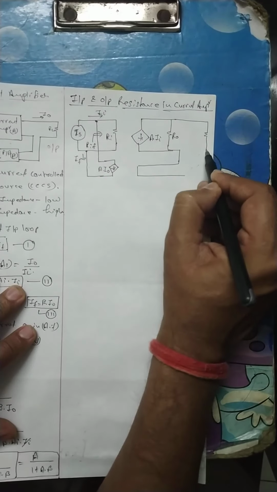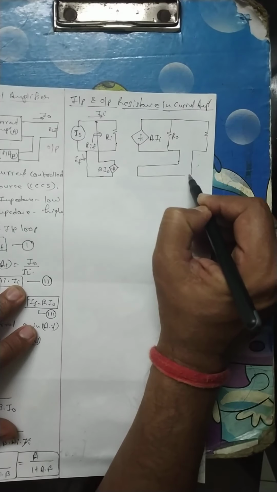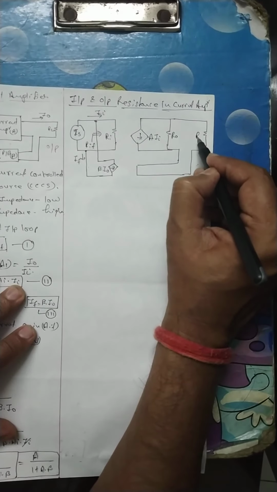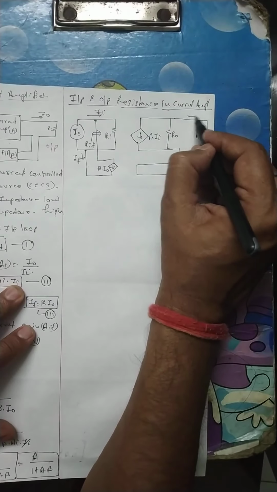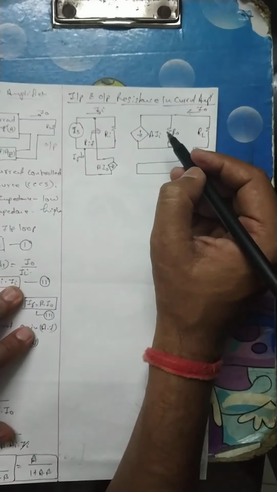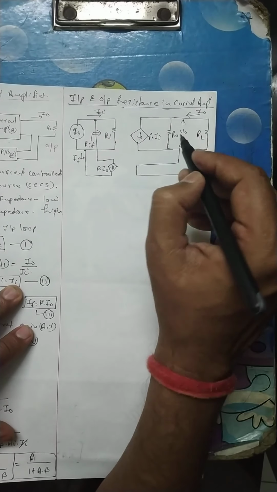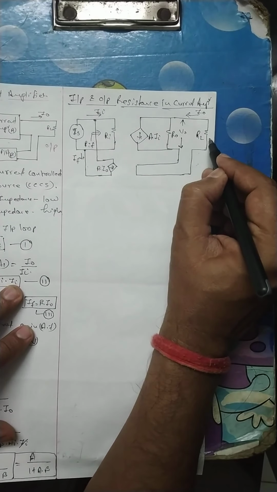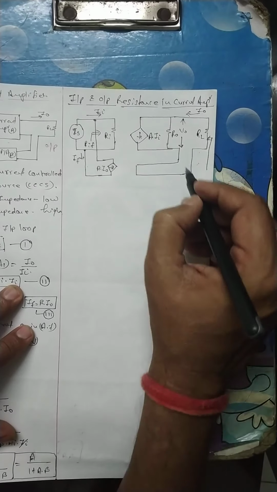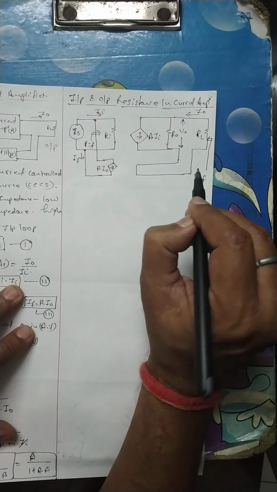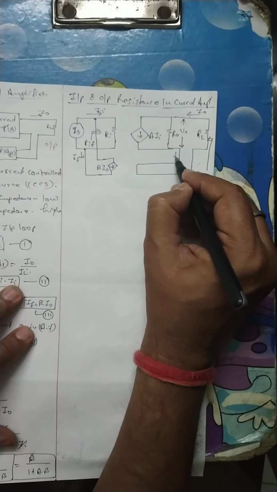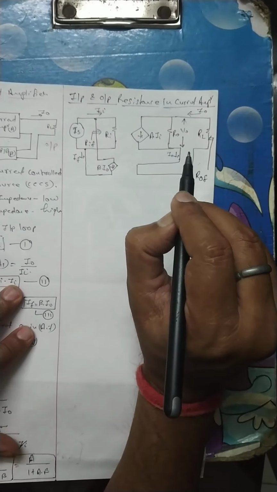This is RL, the current is I0, here the voltage is V0, and at that point we shall calculate the resistance ROF, with current I0.